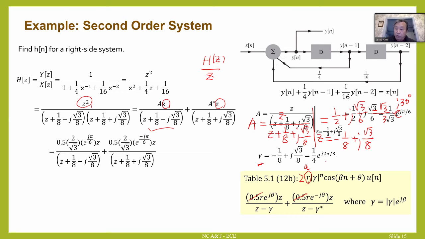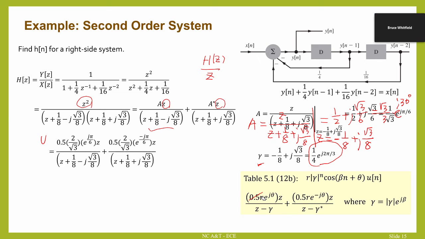So we need to find the polar form. In this case we don't have to do it like this. This is square root of 3. You can use this table as it is, either way is fine. So we can find this, and then we can apply the inverse G transform.